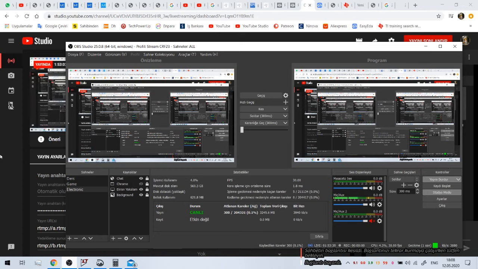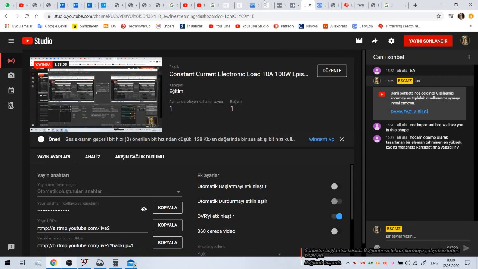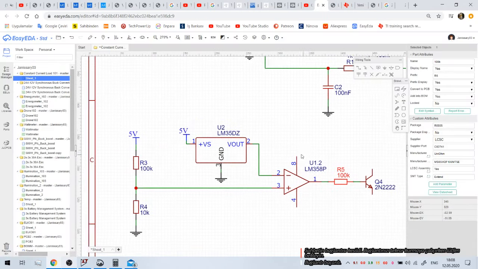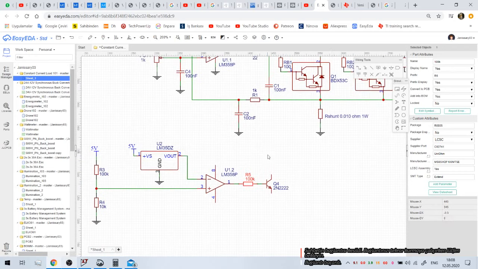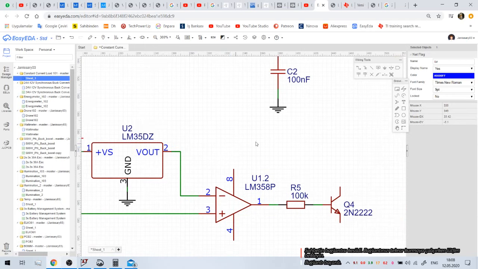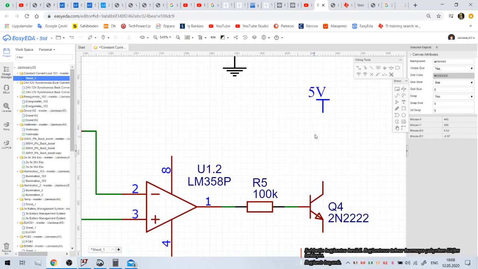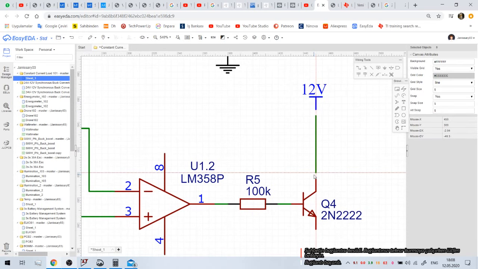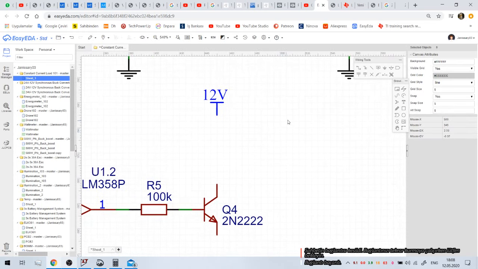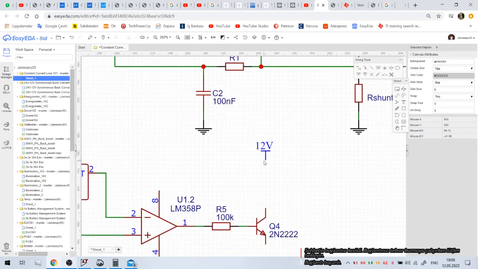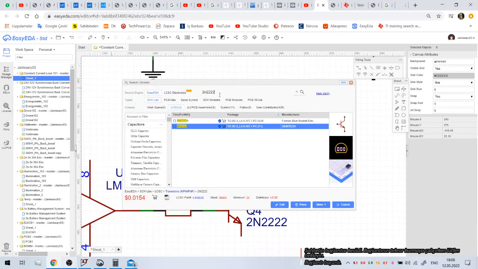Again, yes, I'm here again, and we will finish this design, I hope. We need only some more things. Yes, use some terminal, maybe.